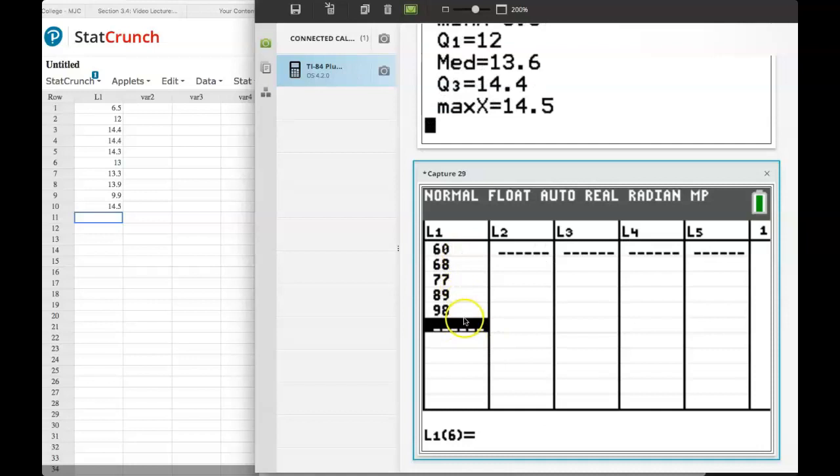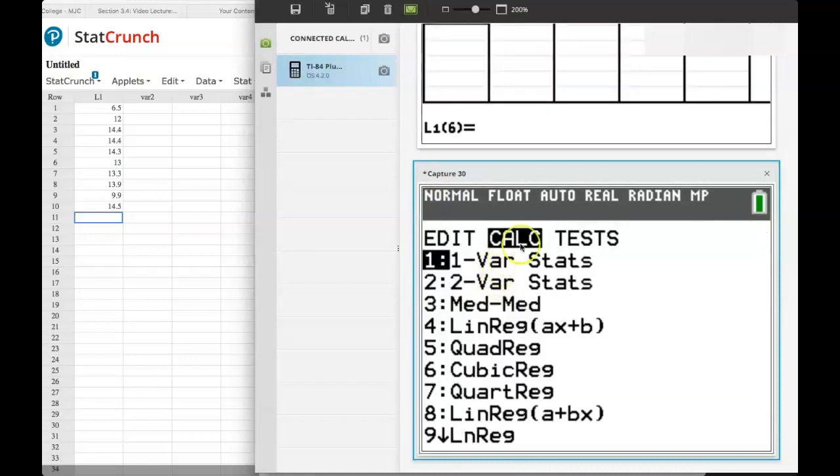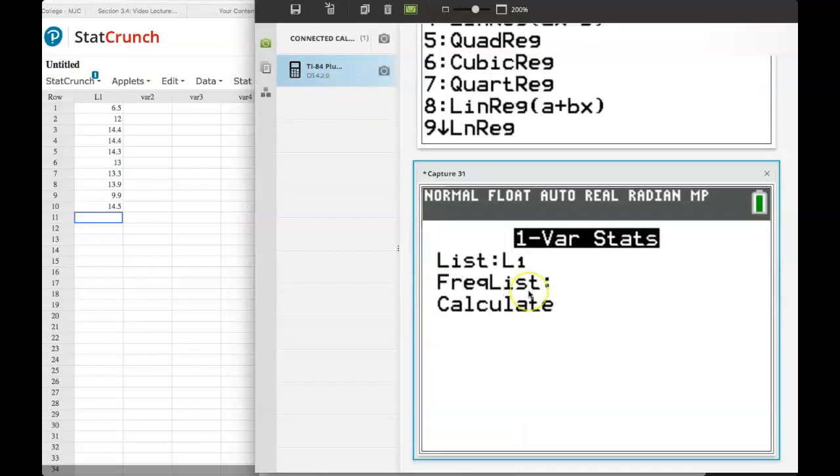We have these 5 numbers, and after that, stat, choosing this one, number 1. So again, we have this one, enter, enter, enter. Scroll down.